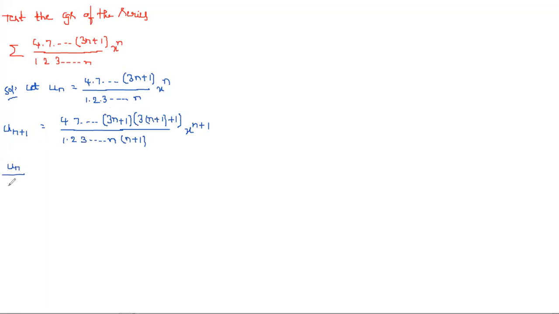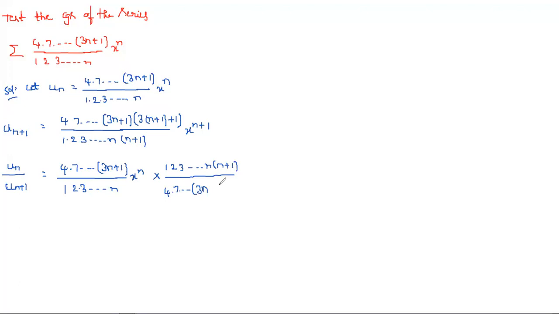So it is equal to 4, 7 and so on, 3n plus 1 by 1, 2, 3 and so on n into x power n, into, this one comes to numerator, 1, 2, 3 and so on n into n plus 1 by 4, 7 and so on, 3n plus 1 into 3n plus 4.